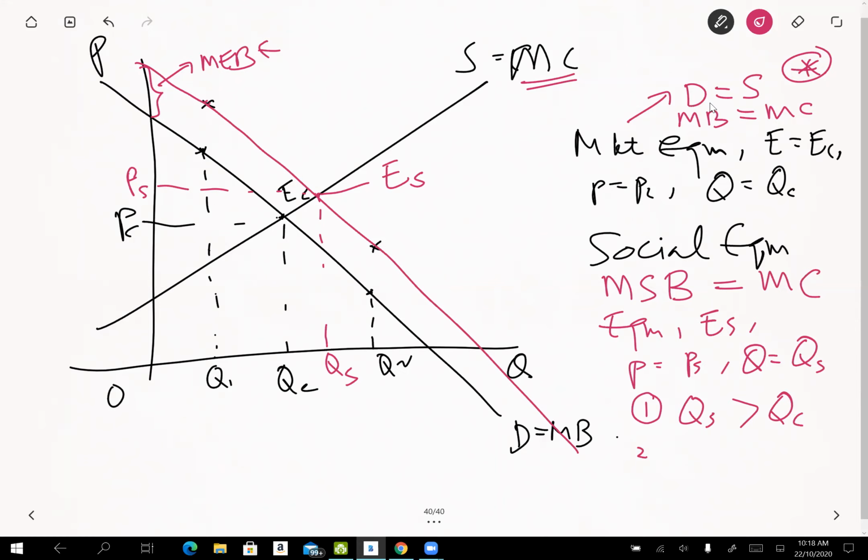And number two, we also see the price is higher. So what you see here is that the social equilibrium quantity is higher than the market quantity or the competitive equilibrium quantity. At the same time, the social equilibrium price is larger than the market price or the competitive price.